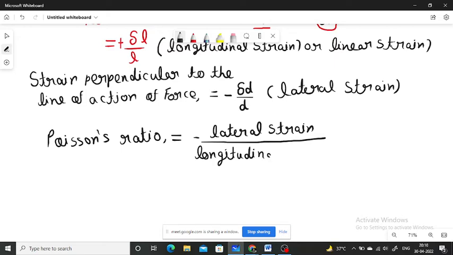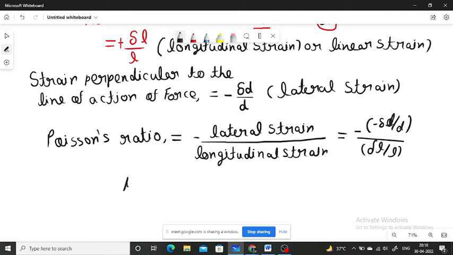Here this is equal to the minus delta d upon d, delta L upon L. Minus minus will be plus.